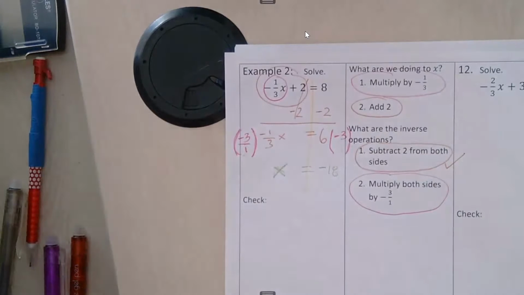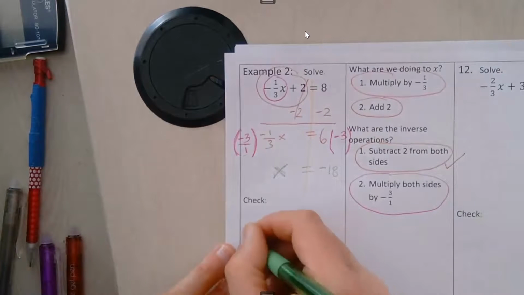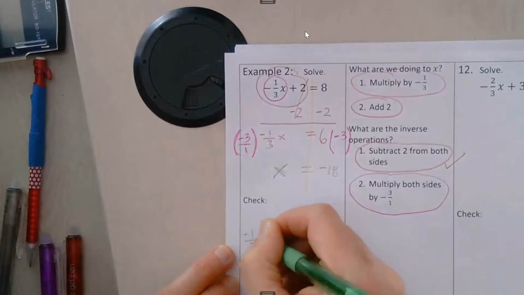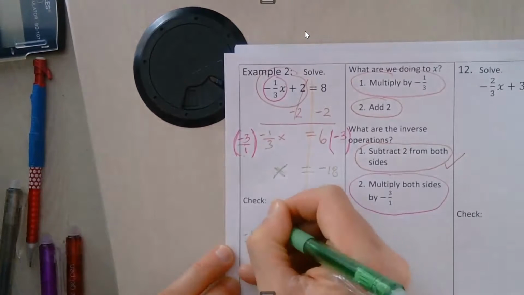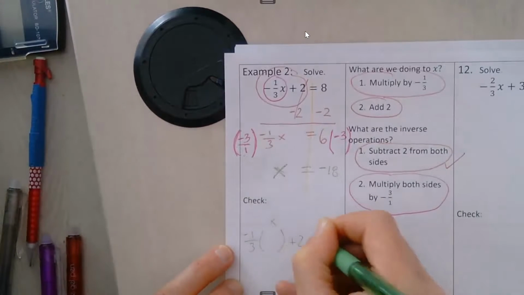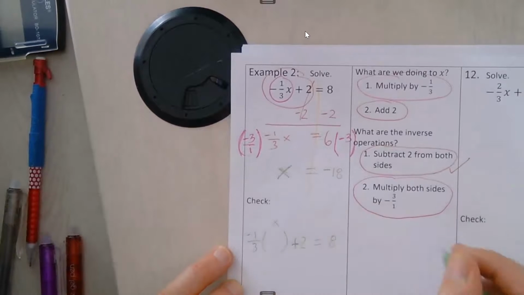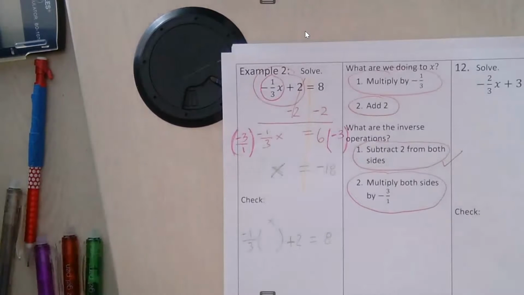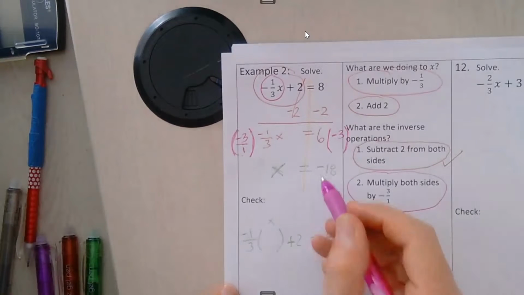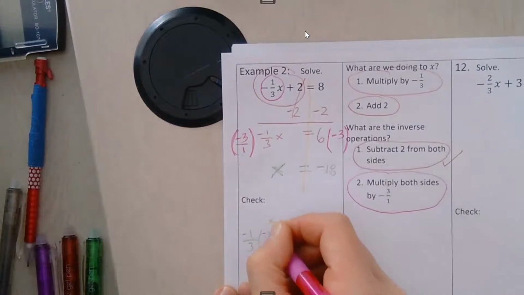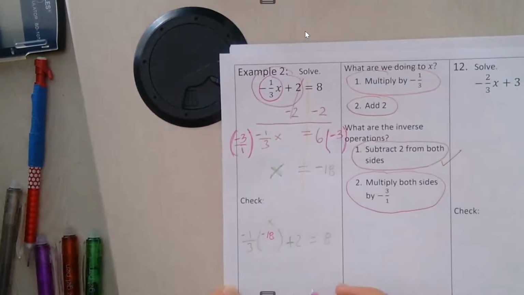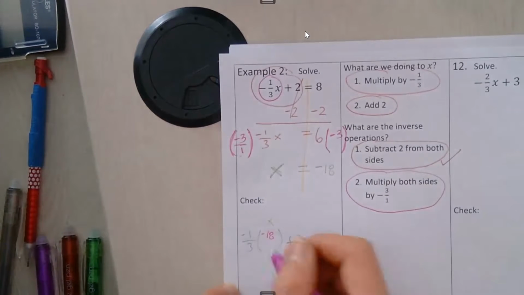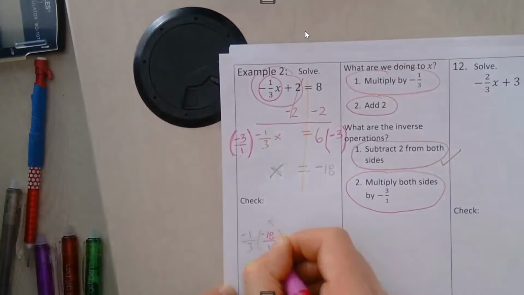Now we'll check it to see if it's right by substituting. So we'll say -1/3 multiplied by x plus 2 equals 8. Then the x that we got was -18. So we'll substitute in -18 right here. And because -1/3 is a fraction, let's make -18 a fraction by putting it over 1.